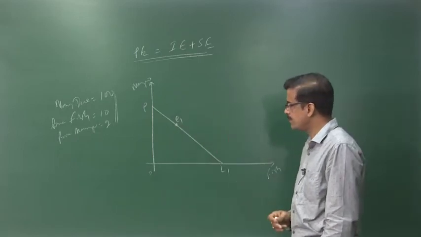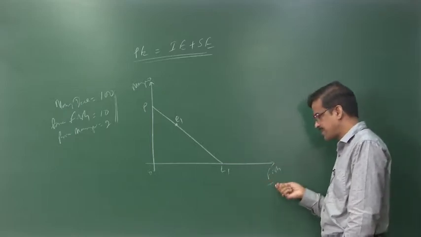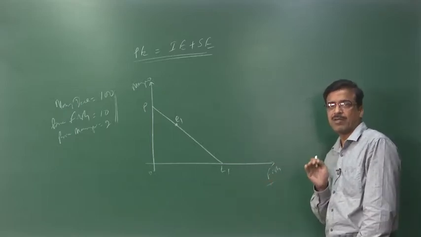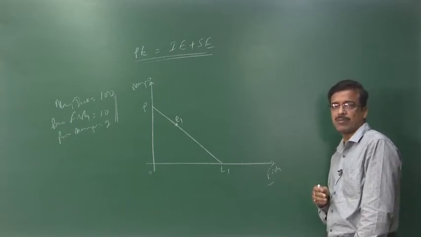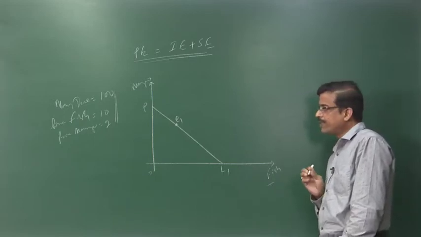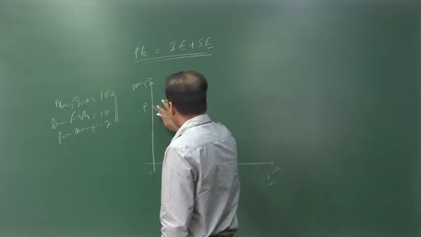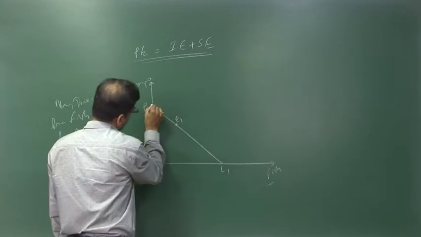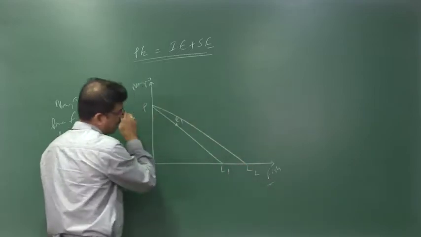Okay. Now, when the price of X falls, that means the price of wheat falls. We take it right now that wheat is the better product as compared to the mango. Now, when the price of X falls, the price line moves from PL1 to PL2.